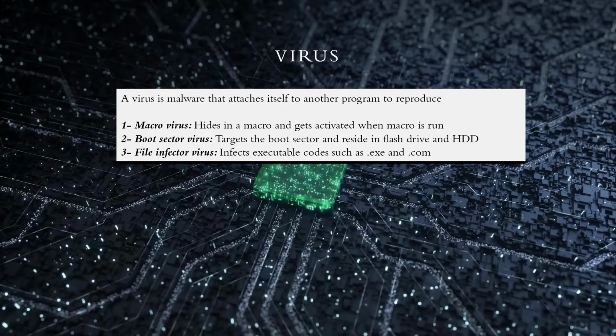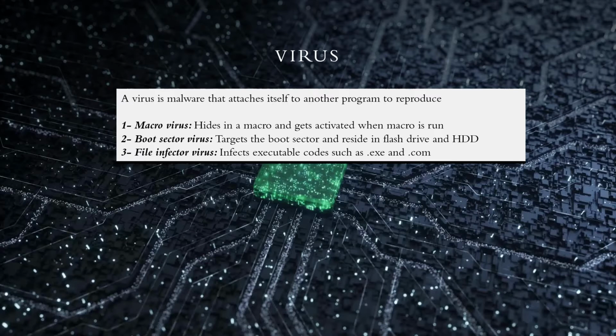Boot sector virus targets the boot sector of a machine. It resides on removable media, and when the system boots, the virus moves into the host system and infects the system. Boot sector viruses are mostly found in external hard disk drives and flash drives.